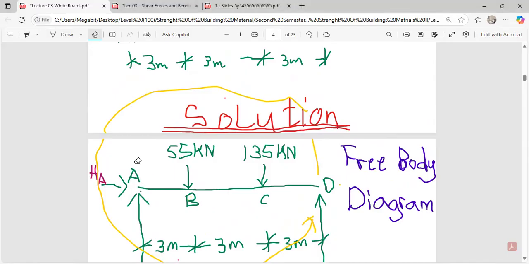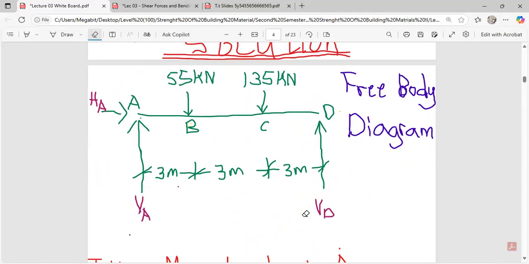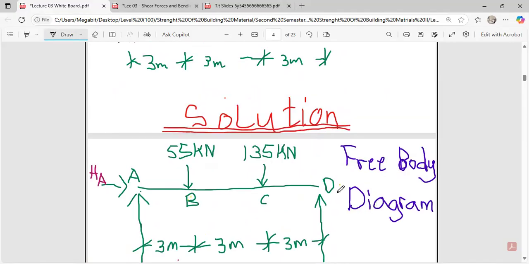So let's also make a little elaboration on that. Let's say this time we're going to be taking the moment at this side.